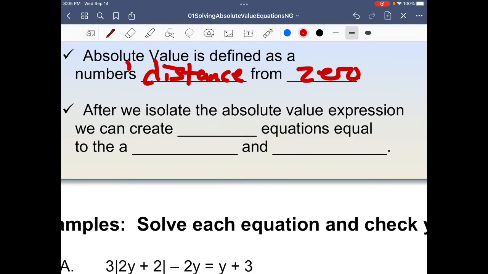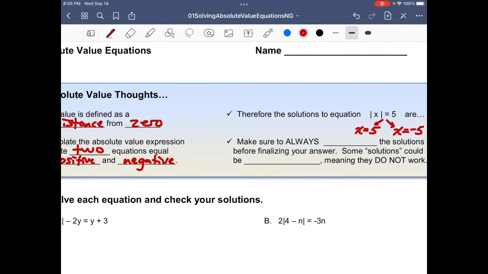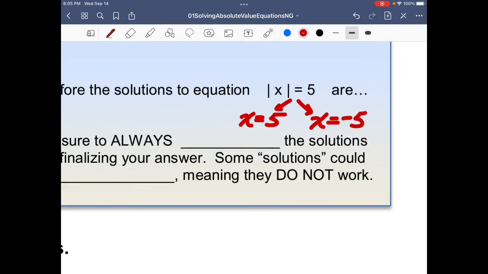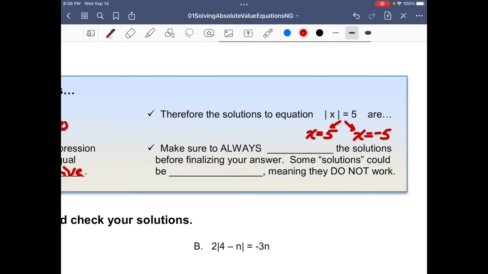We can always isolate, and we can create two equations. One of them is going to equal positive, and one of them is going to equal negative. You'll find out that we can have equations that are quite a bit more complicated than the simple one over here, but the idea is still the same. Now, there could be a problem with your answers, so we're going to want to check the solutions.